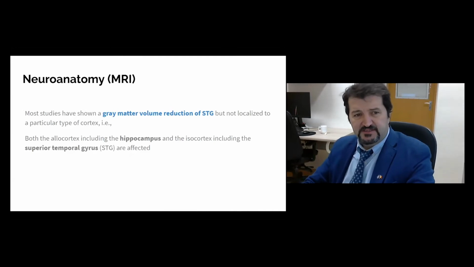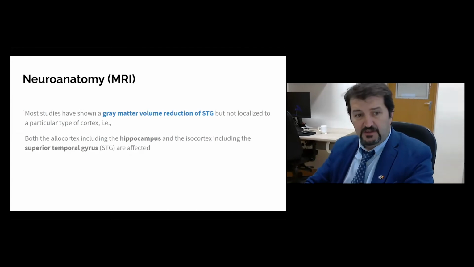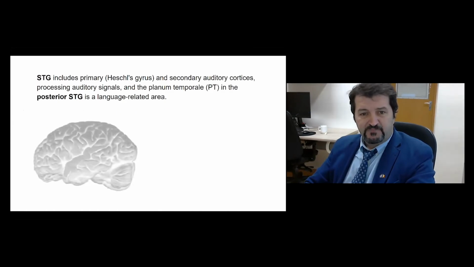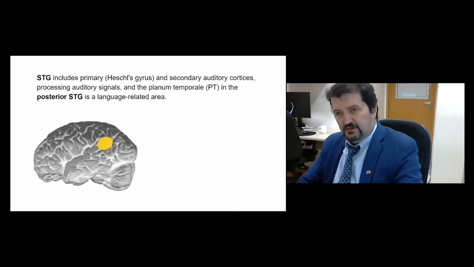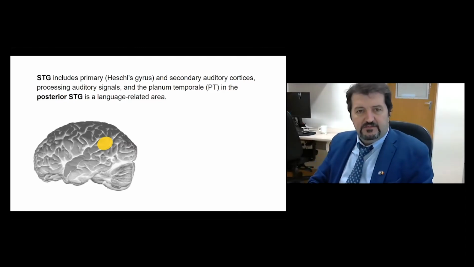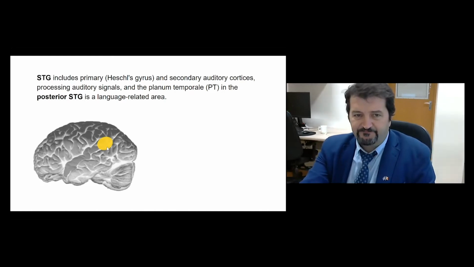So in schizophrenia, most studies of magnetic resonance imaging show the gray matter volume reduction of the supratemporal gyrus, and this supratemporal gyrus is a region in the brain close to the Heschl gyrus, which we see here, and it's related to a language-related area.